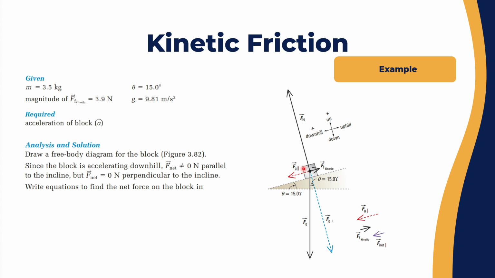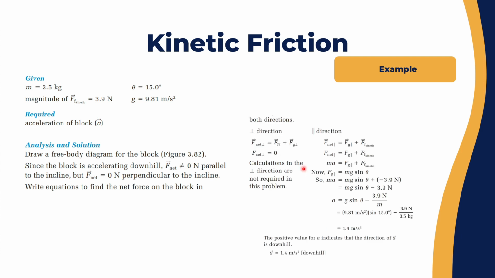You can set up a separate analysis for the parallel forces and for the perpendicular forces. In the perpendicular direction, the F net perpendicular equals the F normal plus the F gravitation perpendicular. We know there is no perpendicular motion. That means F net perpendicular is 0, so the F normal equals minus the F gravitation perpendicular.